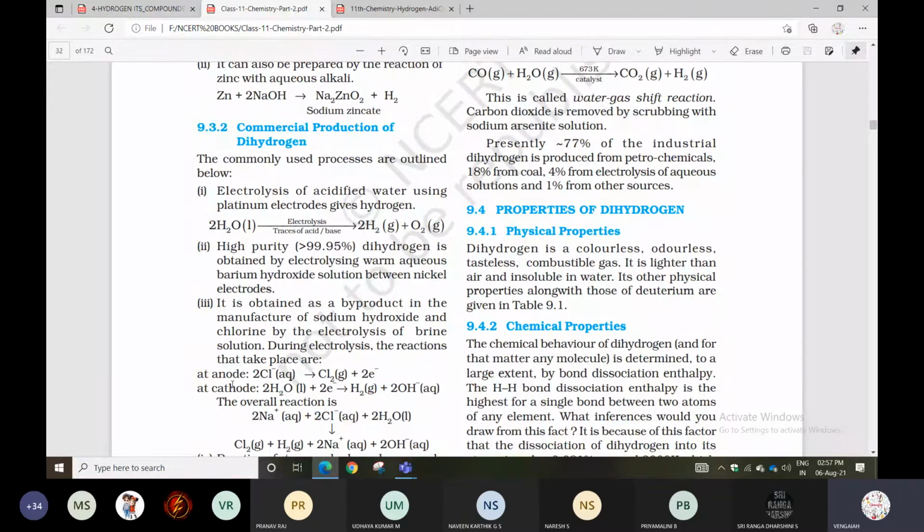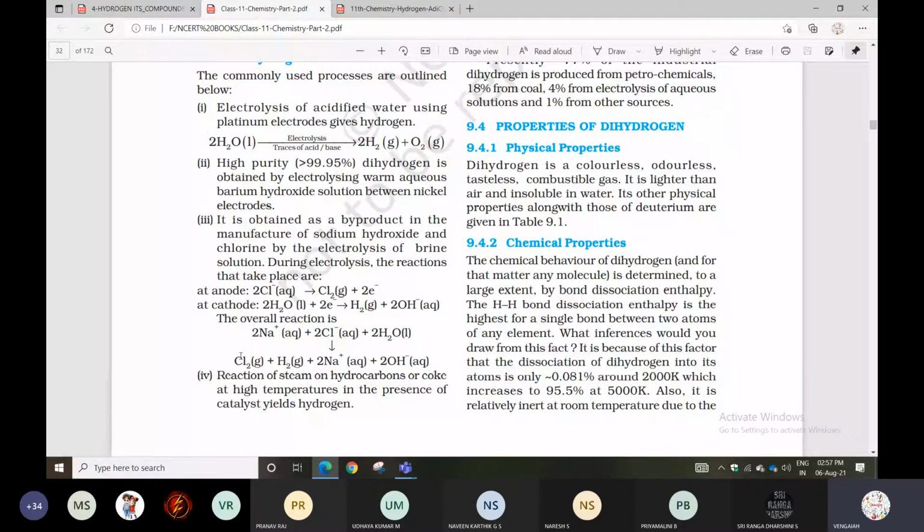At the anode oxidation takes place, at the cathode reduction takes place. Gain of electrons is reduction, loss of electrons is oxidation. At the anode loss of electrons takes place, at the cathode gain of electrons takes place. You can check it by seeing the reaction.